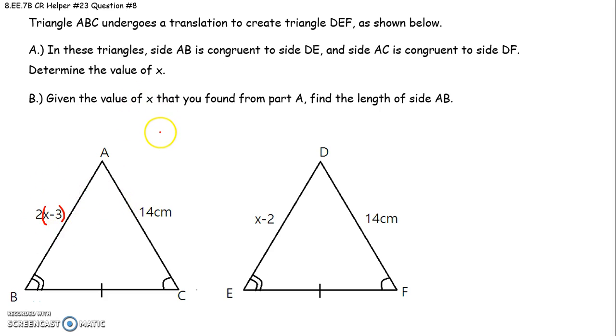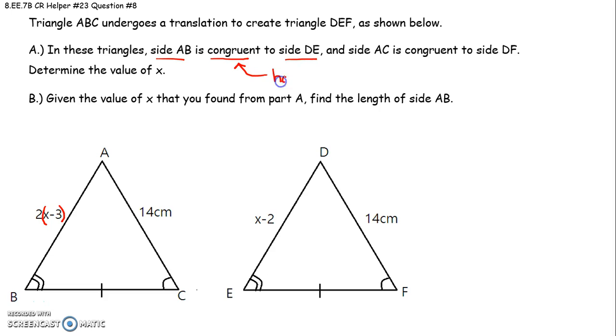All right, 8th graders, this is to help you with question 8 on CR 23. It says triangle ABC undergoes a translation to create DEF, as shown below. In these triangles, side AB is congruent to side DE.